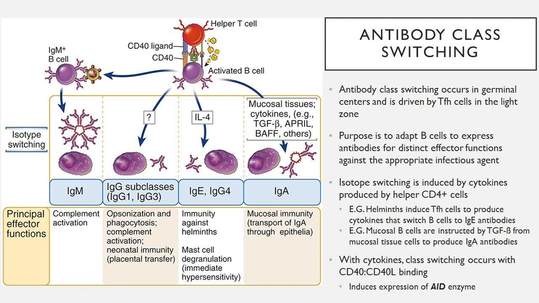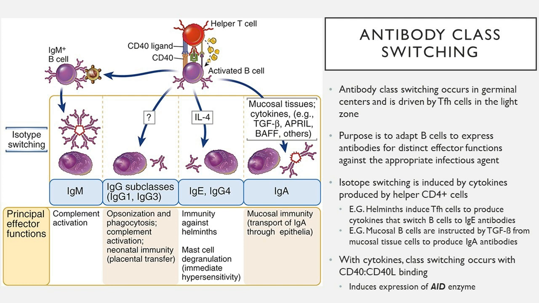So for instance, helminths could induce the follicular helper T cells to produce cytokines that switch the B cells to IgE antibodies, which we learned are required to fight against helminths through eosinophils. Or in another instance, B cells could be instructed to produce IgA antibodies, which are important for mucosal immunity.